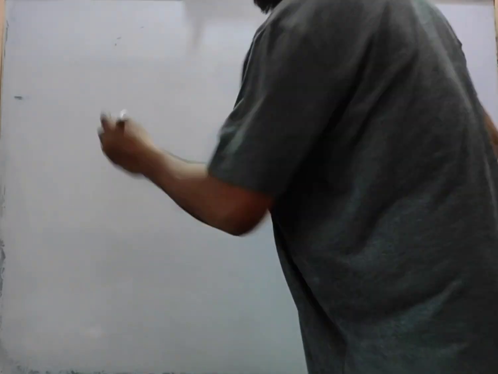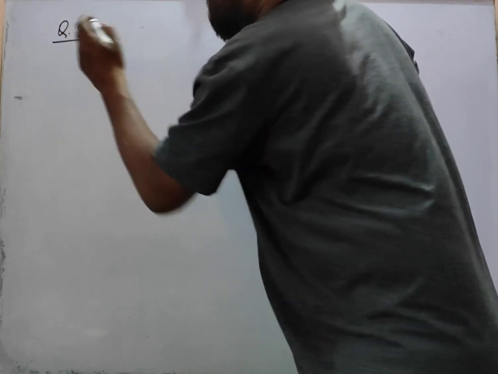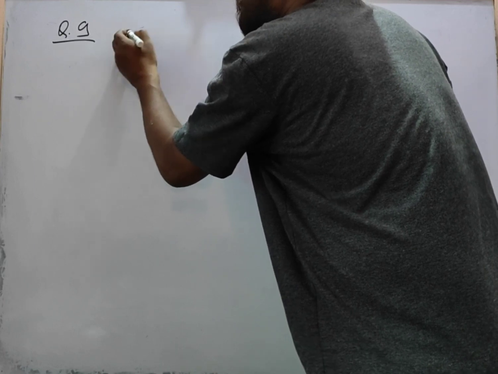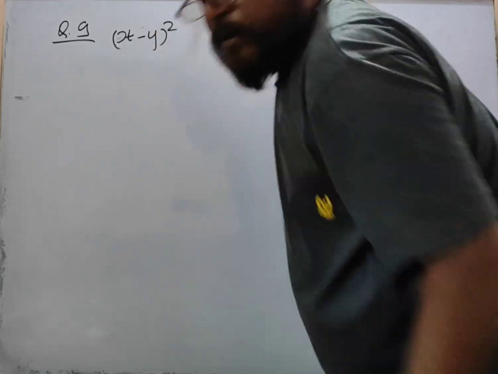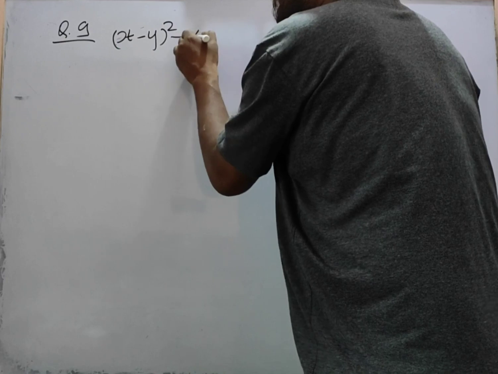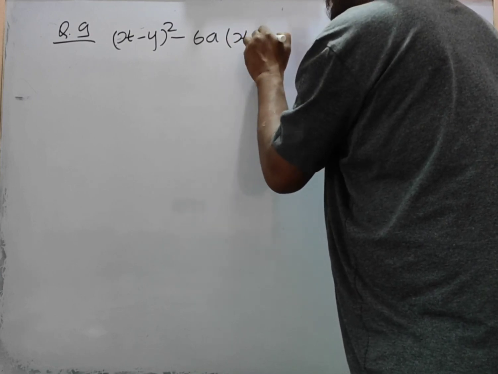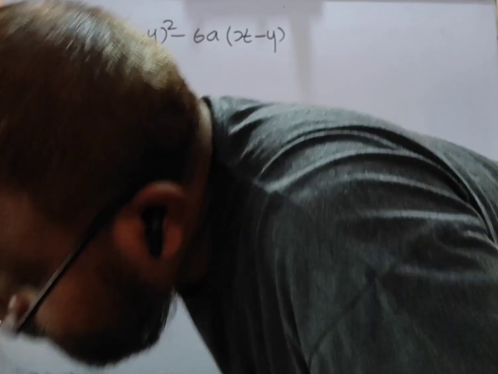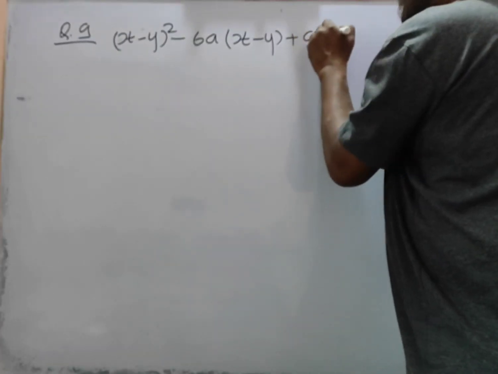This is question number 9. We have x minus y whole square minus 6a bracket x minus y, plus 9a square.